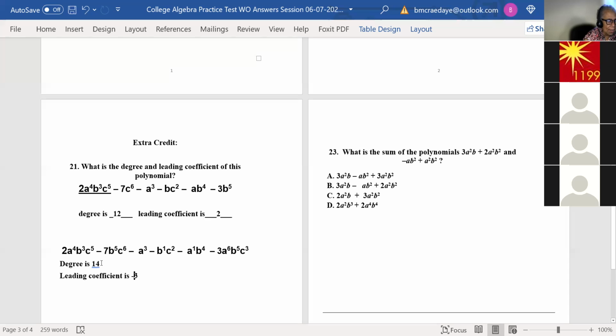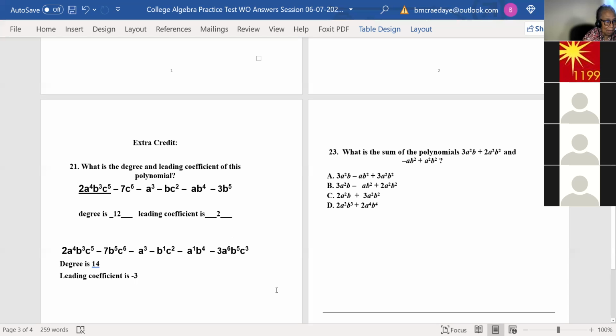See this, Audrey, this is not the same as this polynomial. What do you see for this last one? This one has 6, but this has 3b to the 5th. This one has 3a to the 6th, b to the 5th, c to the 3rd. They're not the same.